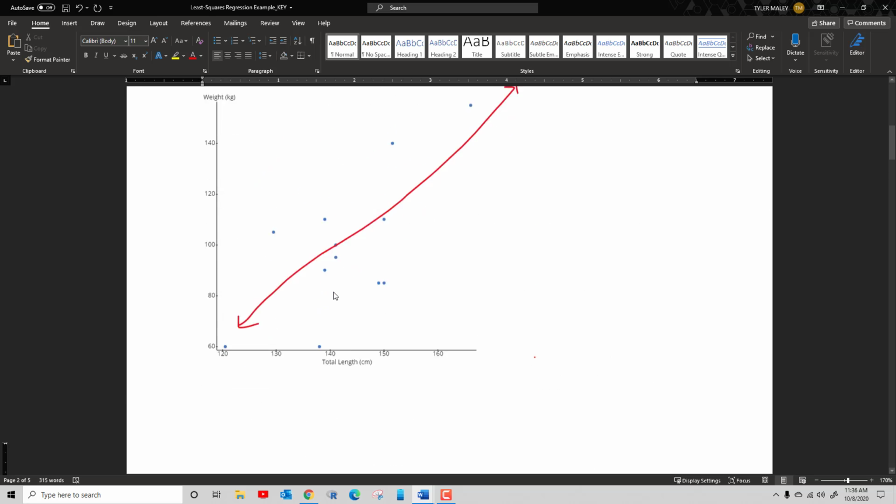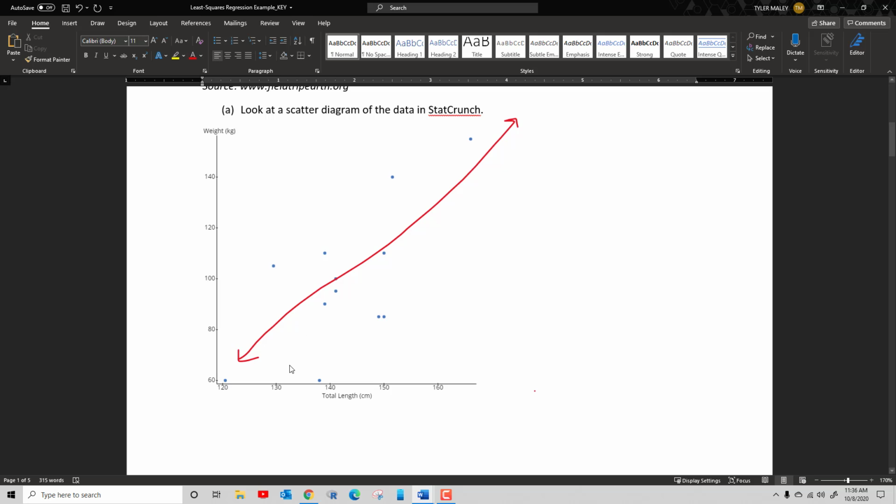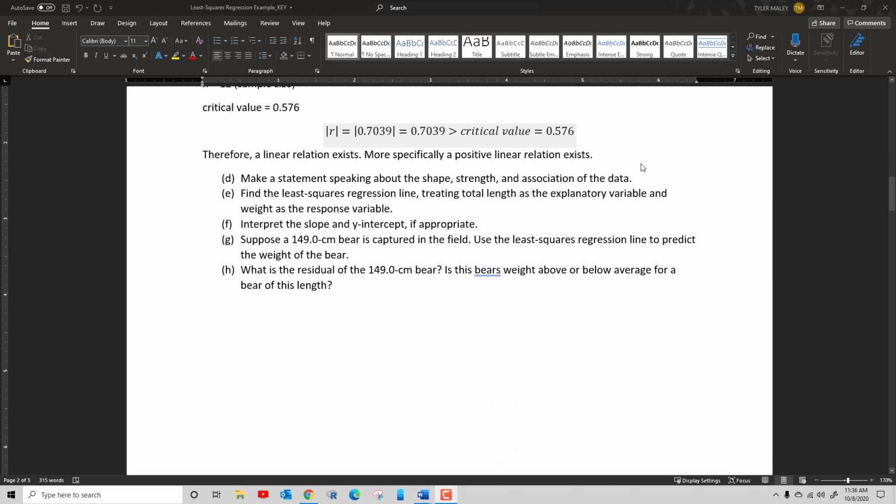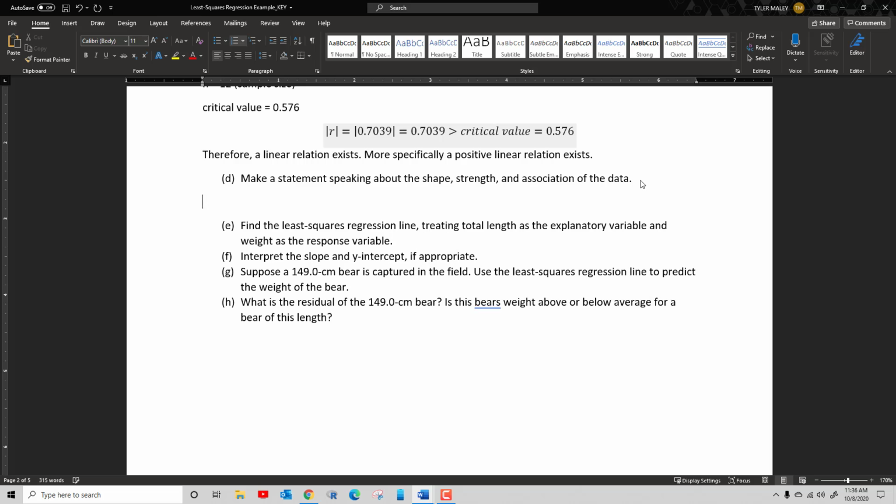We can also tell that by looking at the data. The longer the bear, the more the bear tends to weigh, which seems realistic. Then we want to make a statement speaking about the shape, strength, and association of the data from what we know.